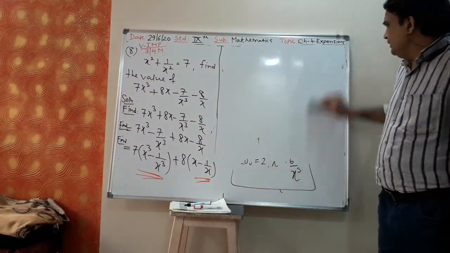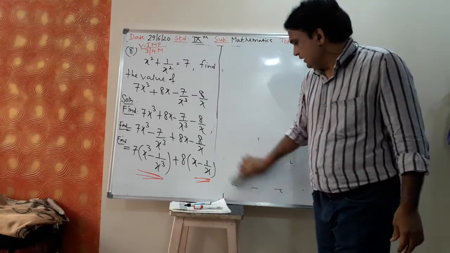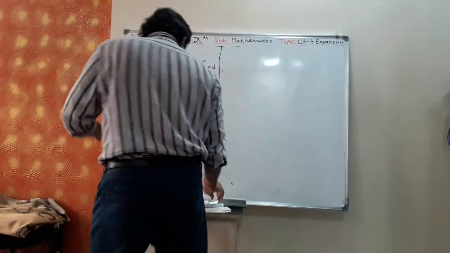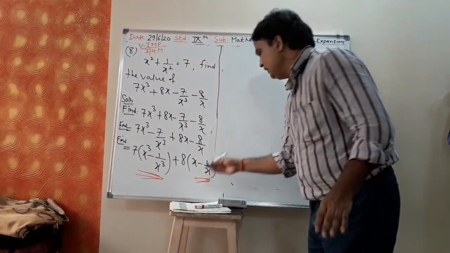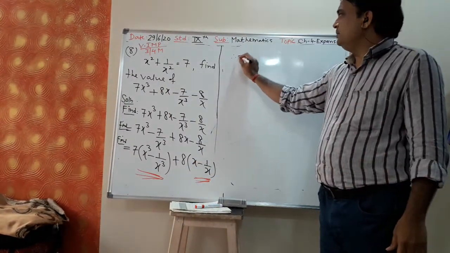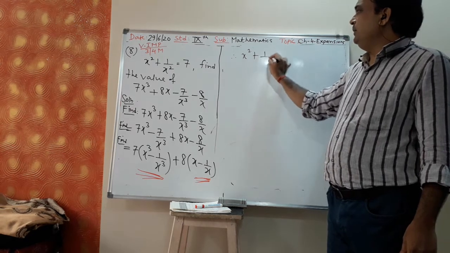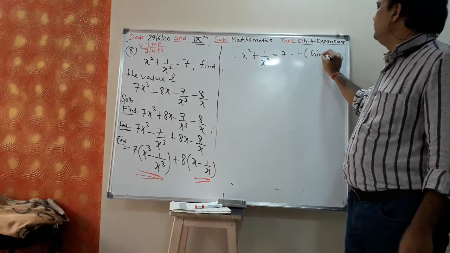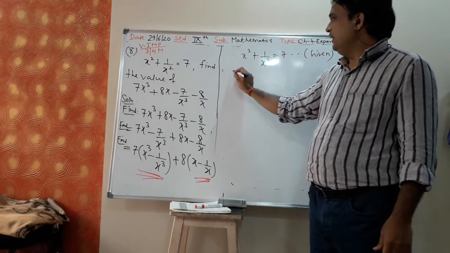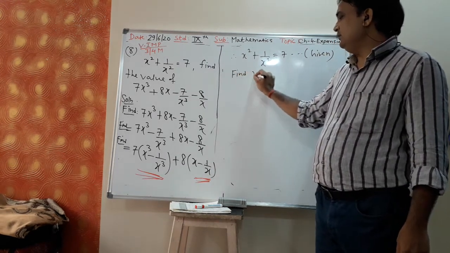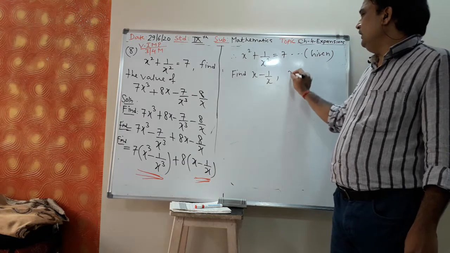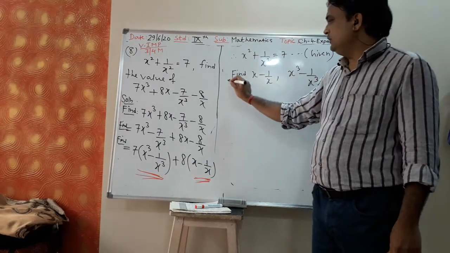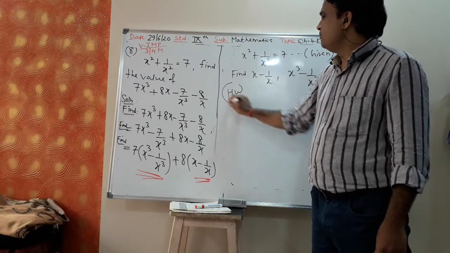Let me explain this part. x square plus 1 upon x square is 7, it is given. So find x minus 1 upon x and x cube minus 1 upon x cube, and substitute. This further part I am giving as homework.